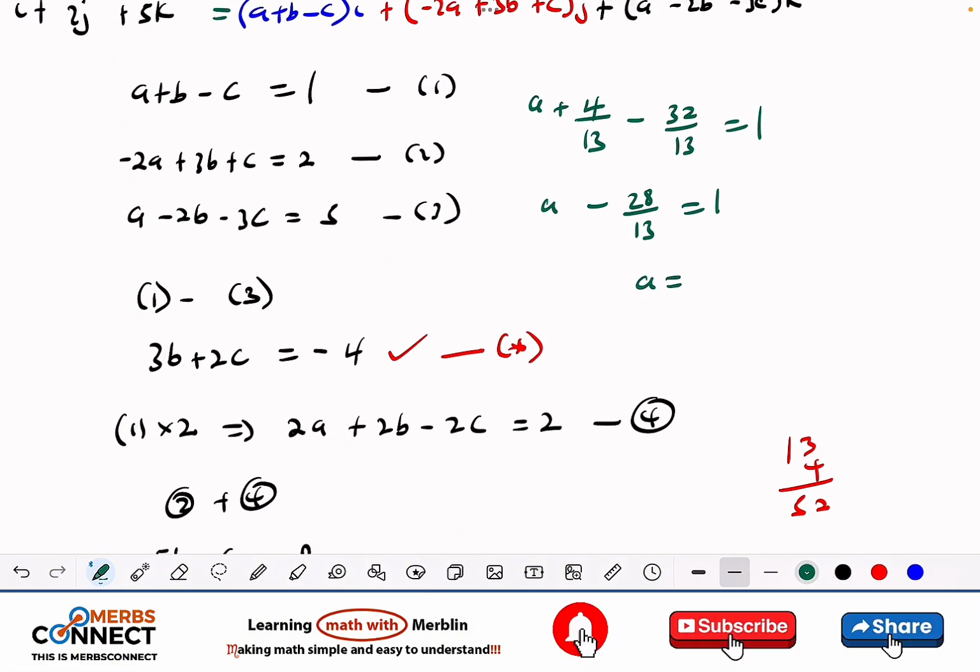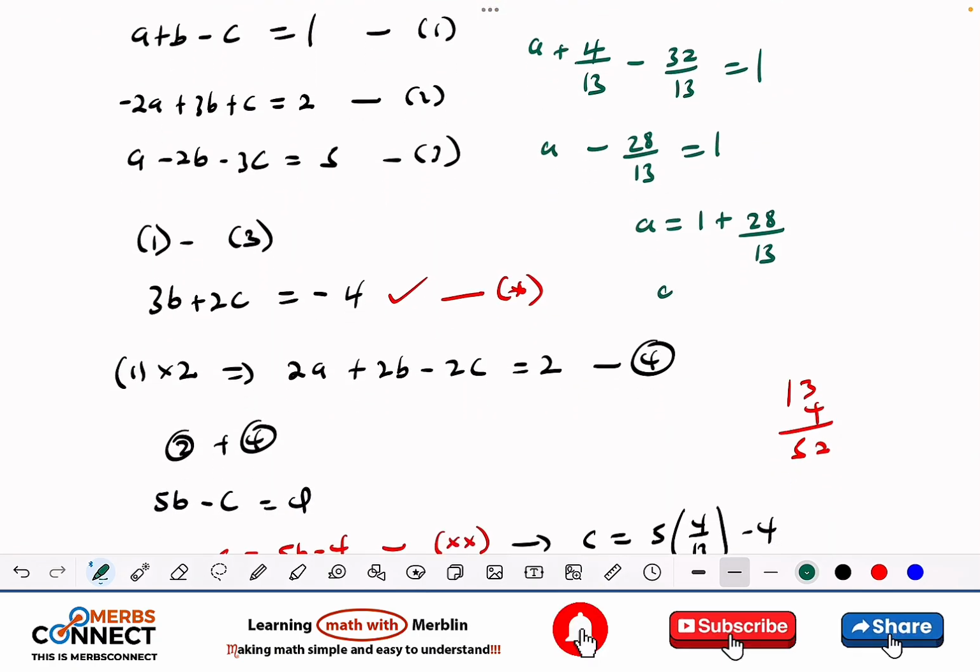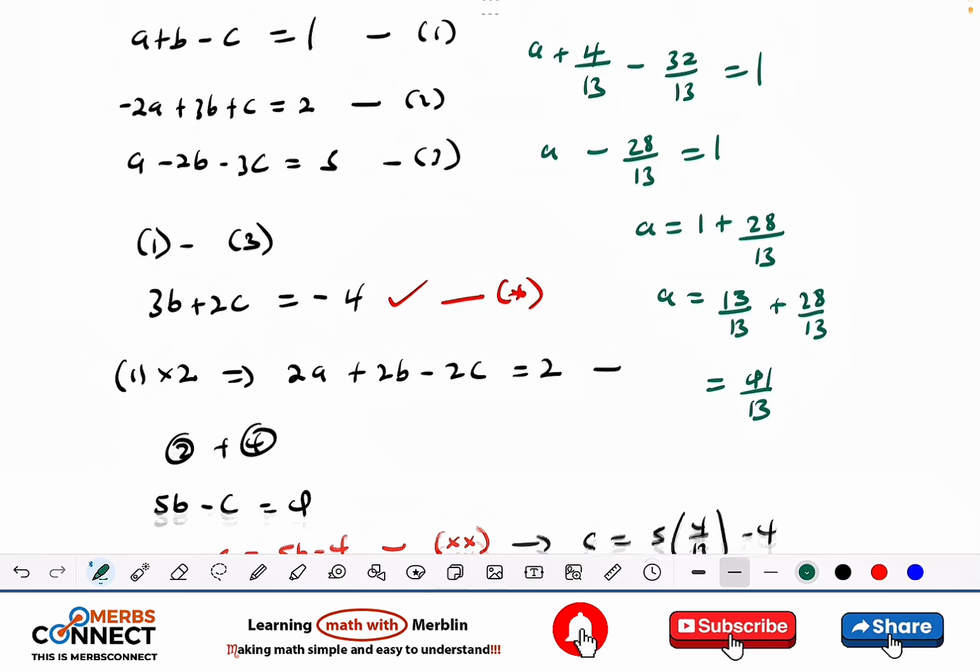And then a will be equal to 1 plus 28 divided by 13. And I'm not using a calculator, so I can say that this is 13 divided by 13 plus 28 over 13. Then we add it and we get 41 over 13.